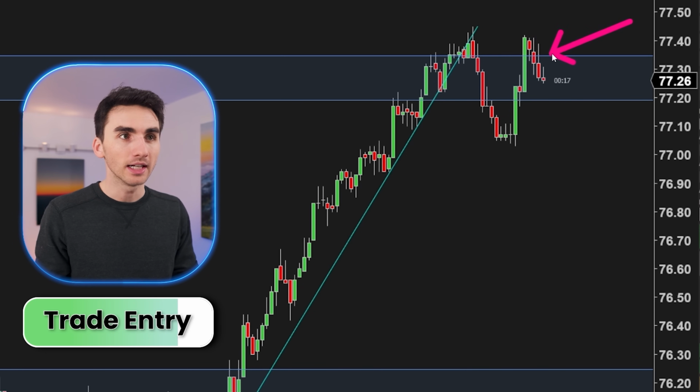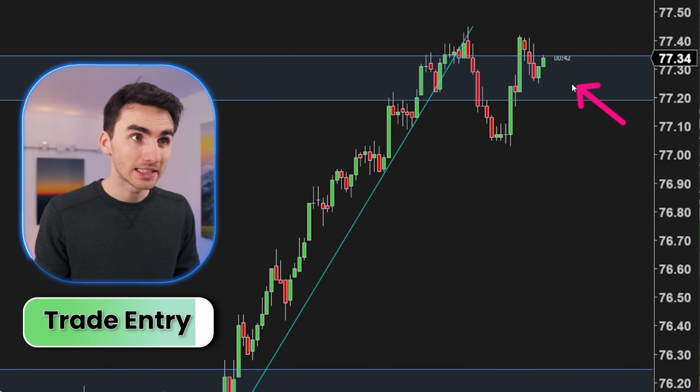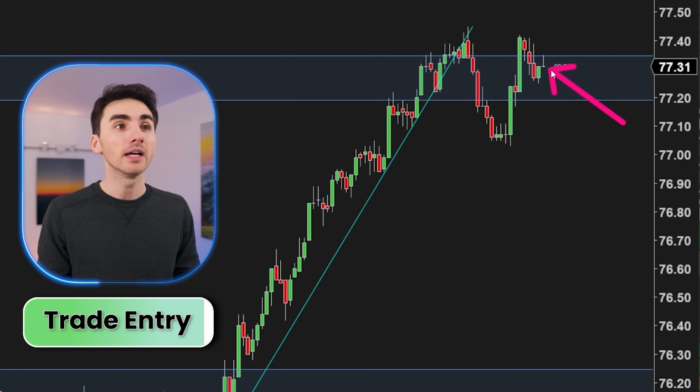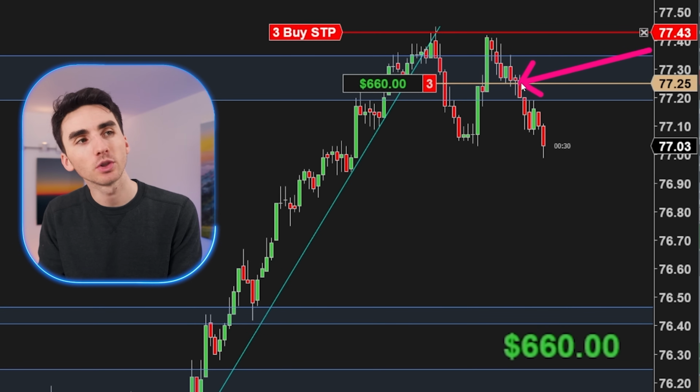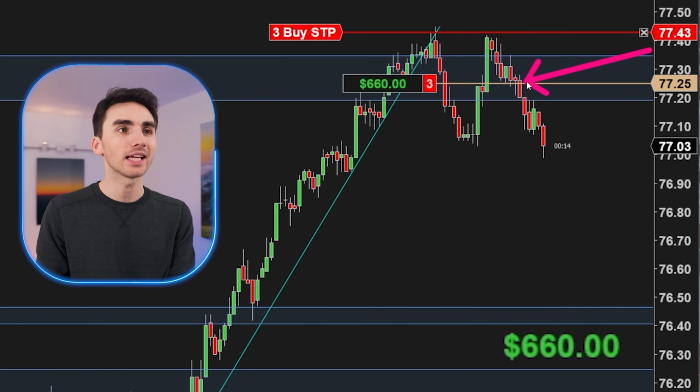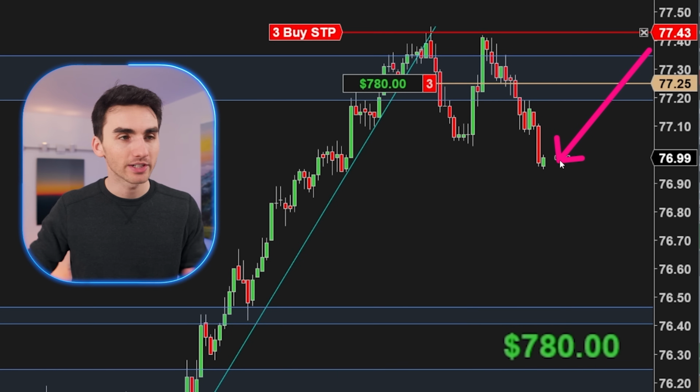Right here it's starting to fail, and my thought is it makes one final attempt to go higher there, and I'm thinking, boom, we've got to get short right here, because once it started to lose that momentum, you can see that it's going to give up. Again, this doesn't happen every time, it's not guaranteed.